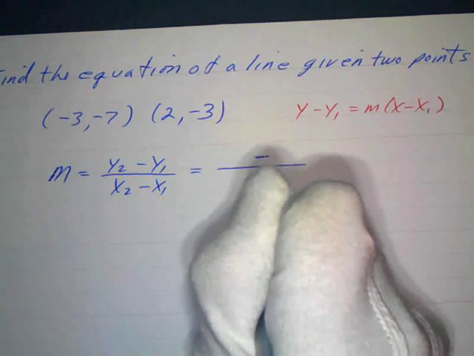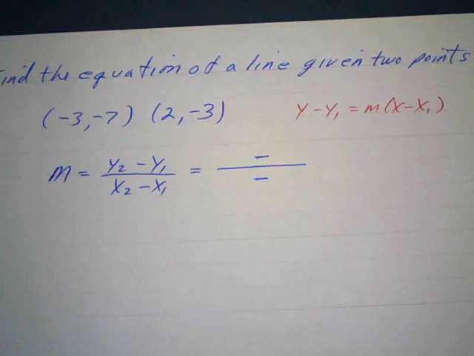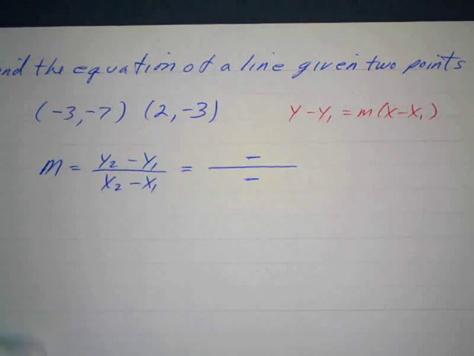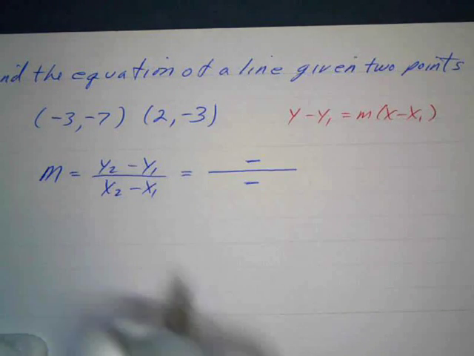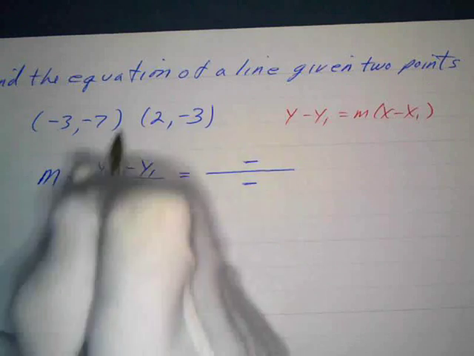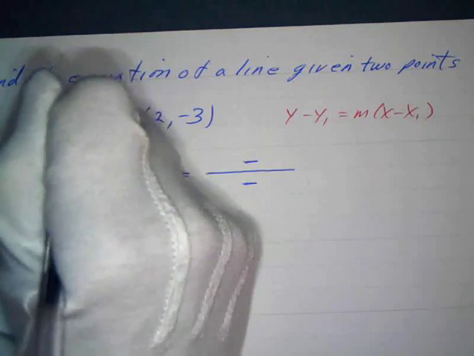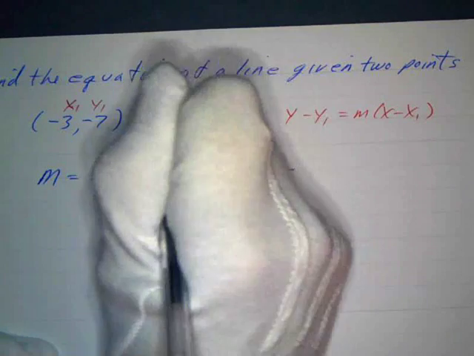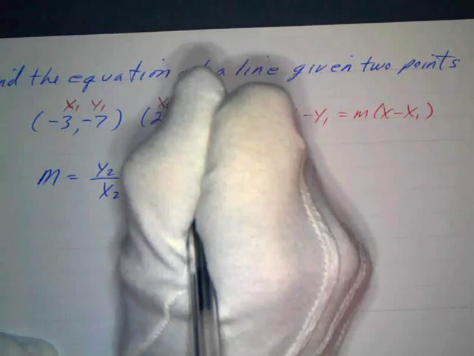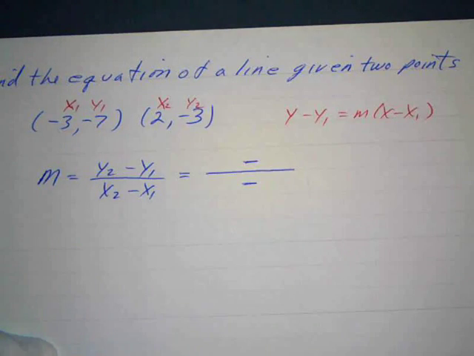And remember, I've got negative signs in the formula, and I may have negative signs in the data, and in this case I do. So I'll label my points. It doesn't matter which is 1 or 2, so I'll just call this x1, y1, x2, y2, just because they're in that order.